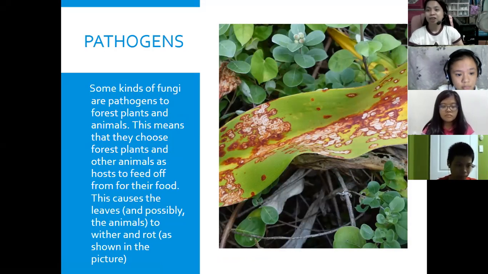Okay, well said. So we can assume that fungi is like a consumer and not a producer. Why? Because they cannot produce their own food. So they need other organisms, whether it is an animal or a plant, as shown in the picture, as their food, as Nathan said earlier. So they are heterotrophs.